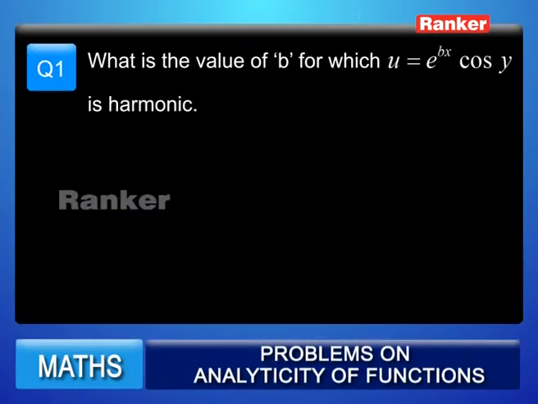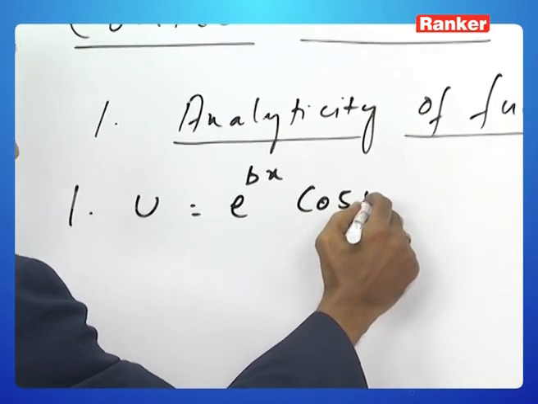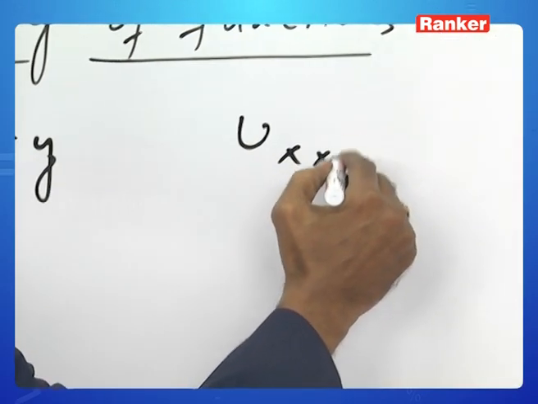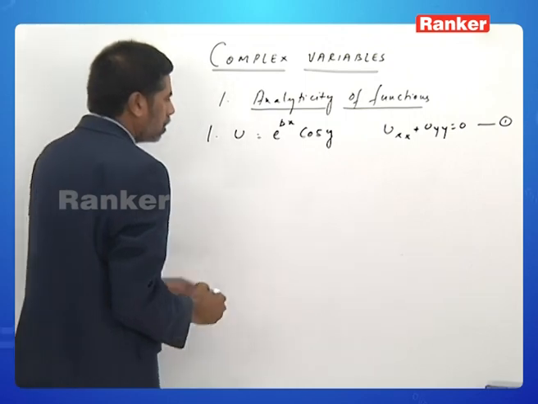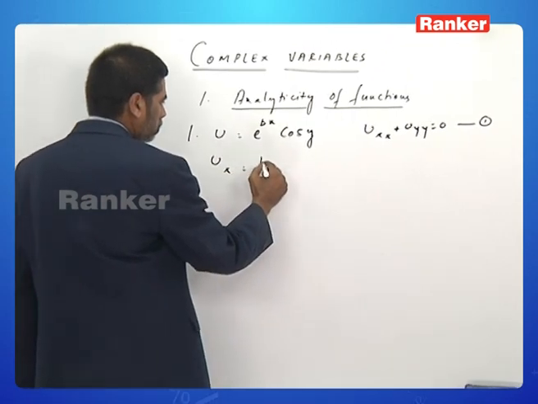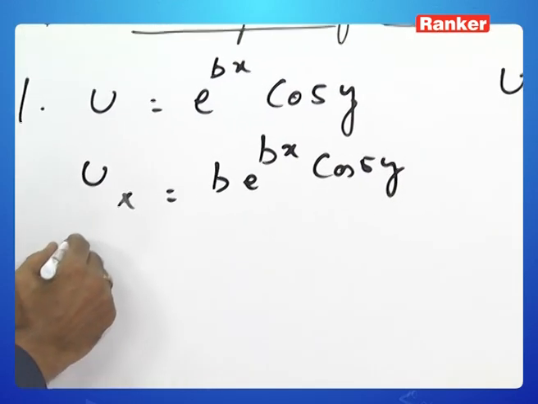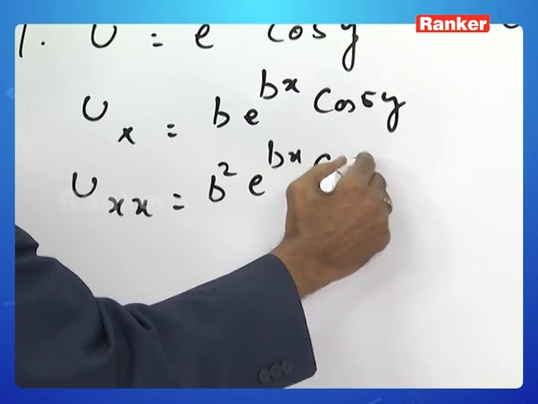Question number 1. What is the value of b for which the function u is equal to e power bx into cos 5y is harmonic? It is given that u is harmonic. Therefore, uxx plus uyy is equal to 0. ux is equal to b e power bx cos 5y, uxx is equal to b square e power bx cos 5y.